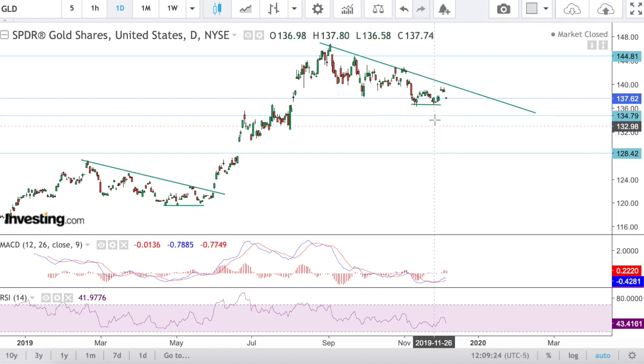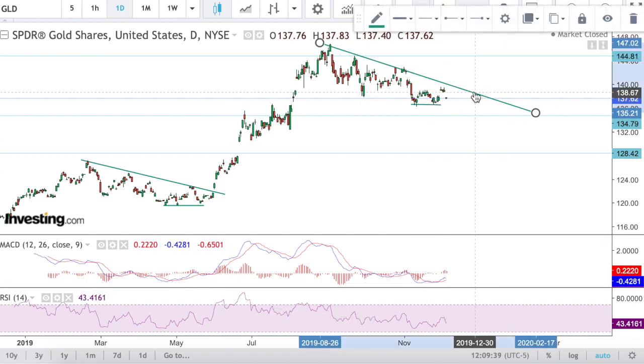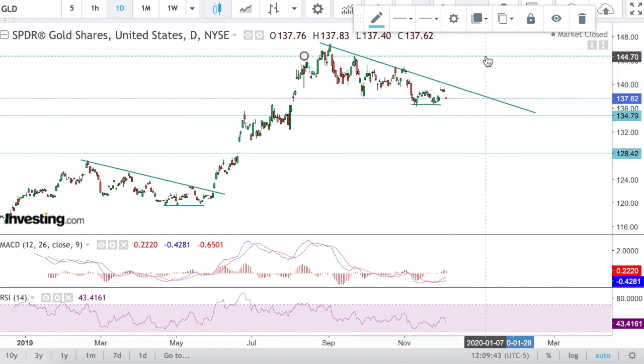You can see that we made an equal low, but the MACD is starting to go up, and just that kind of small divergence can trigger a rally that could potentially break this trend line and set us up for a nice rally all the way to the $144 level and perhaps higher.